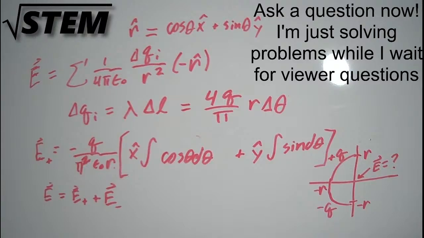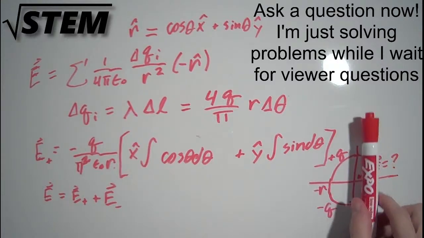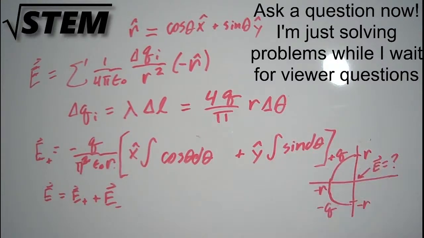And now I'm wondering if we need to actually use like pi over 2 to pi, or if we can just do 0 to pi over 2. If we do pi over 2 to pi, we're going to get negative values for cosine theta.